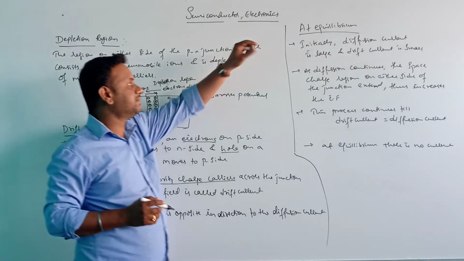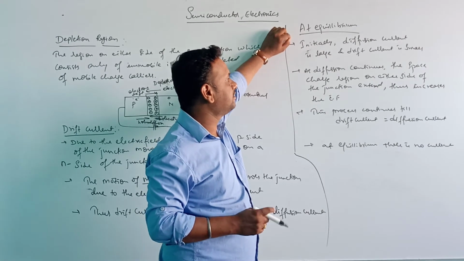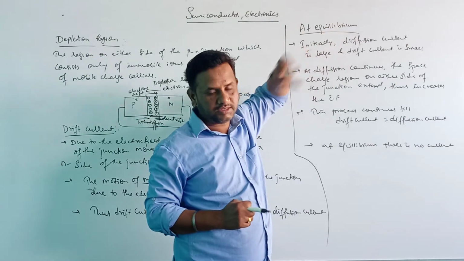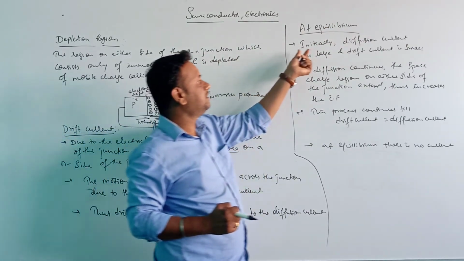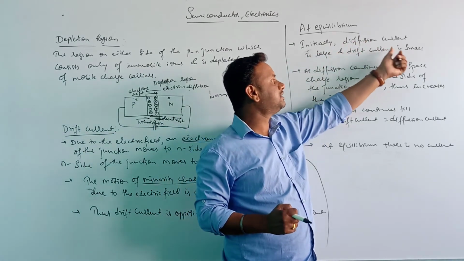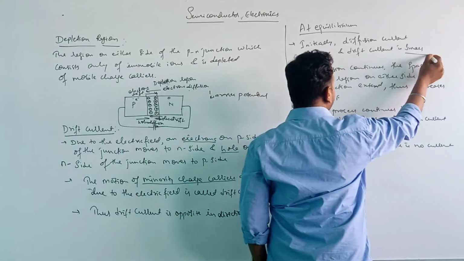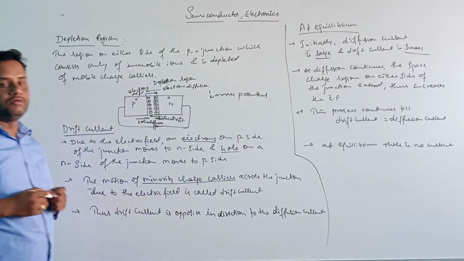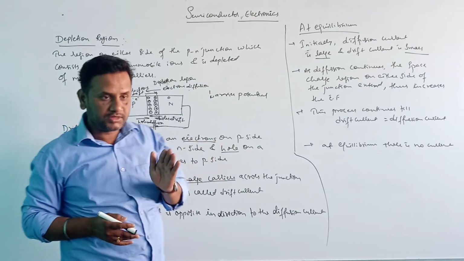So at equilibrium state, initially the diffusion current is large and drift current is small. As diffusion continues, diffusion means movement of the majority charge carriers from one region to the other region.